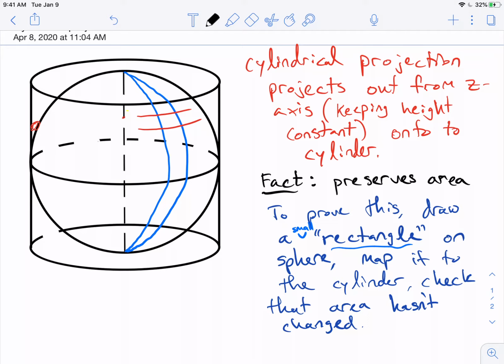Okay. One other thing we're going to need in this picture, how much distortion of the various sides occurs depends on what latitude we're at. So I'm going to draw this line here. Let's say this angle is theta.